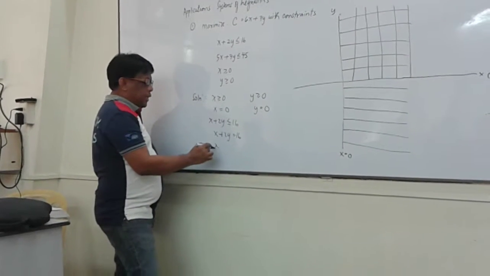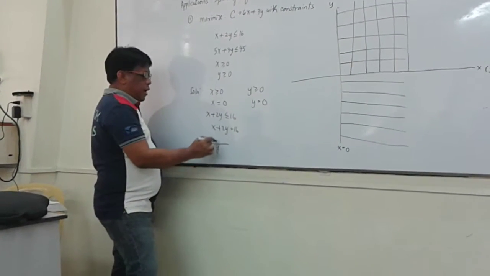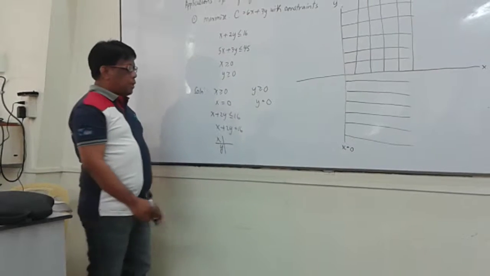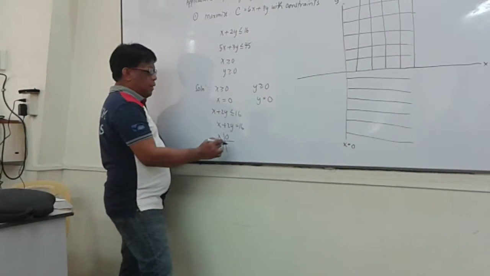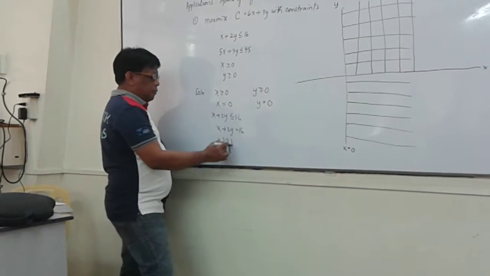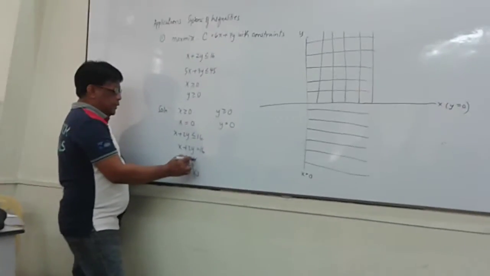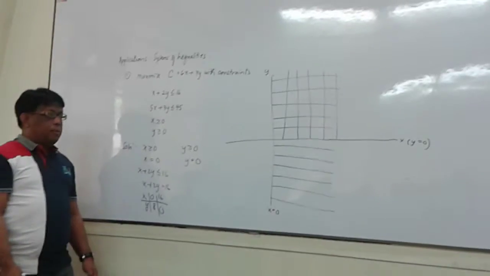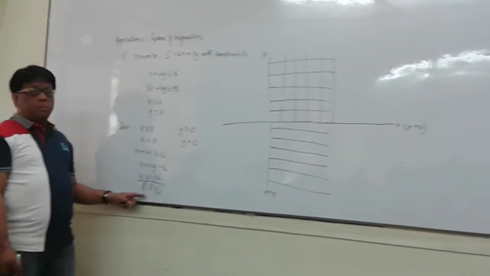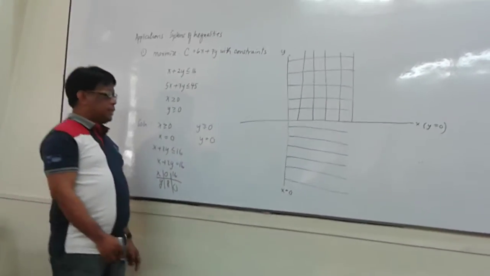So by identifying some pairs of values, I'm going to assign x is 0, what is then y? 8. What about when y is 0, what is x? 16. So let us now plot these two points in our x and y axis.